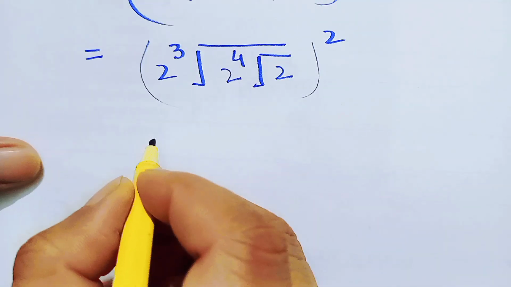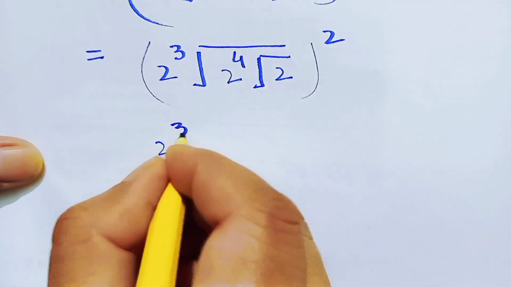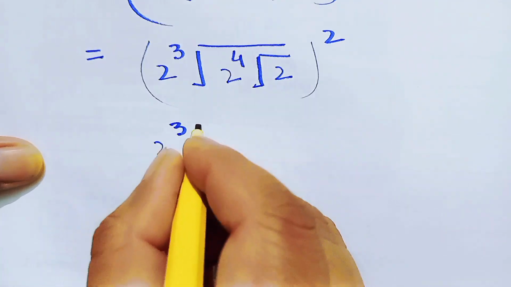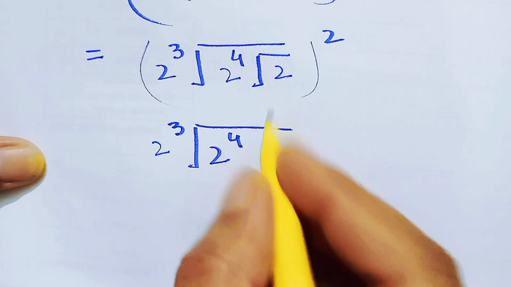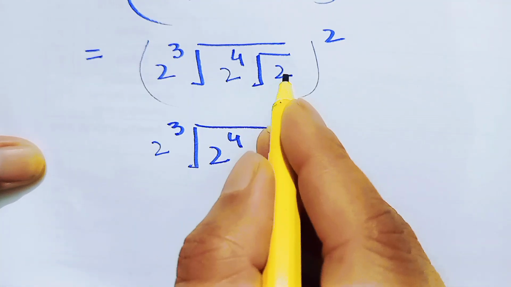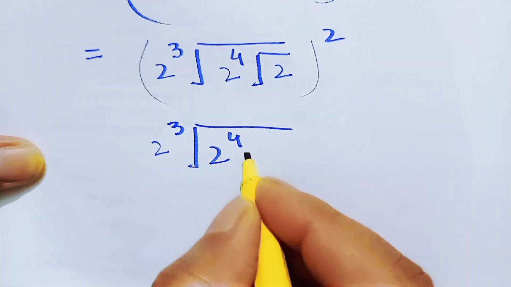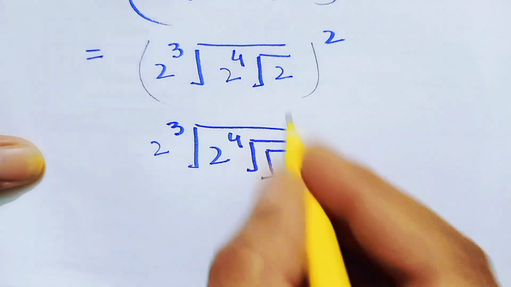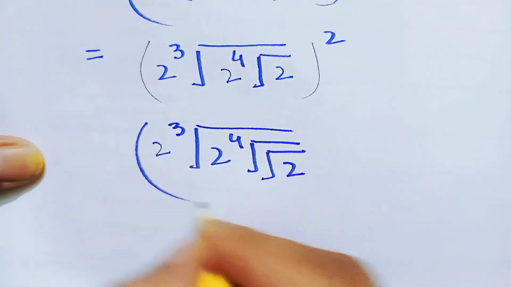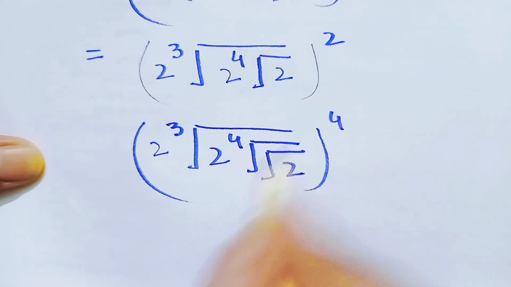Now 2 cube and then the square root of 2 to the power of 4, and now this square root of 2 and the whole to the power of 4.